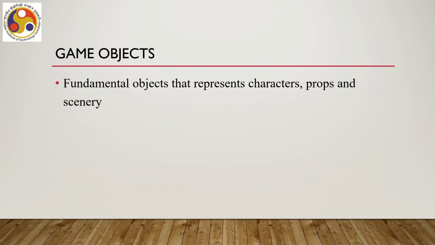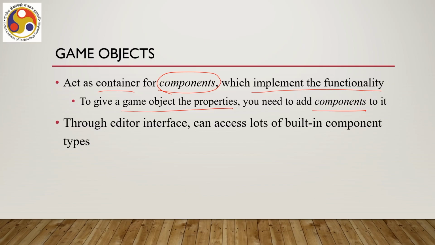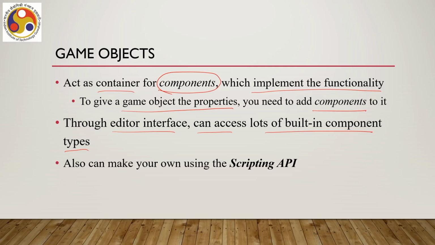Another fundamental concept is game objects. These are the fundamental objects that represent characters, props or scenery. Game objects act as containers for components, which implement the functionality of any object. To give a game object its properties, you need to add components to it, and through the editor interface we can access lots of built-in component types, so that we can assign them to game objects.